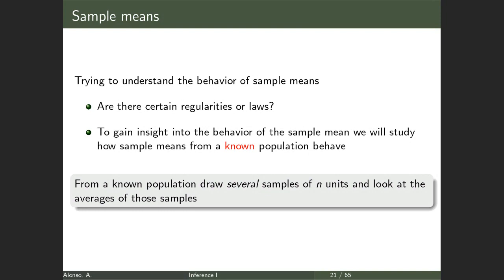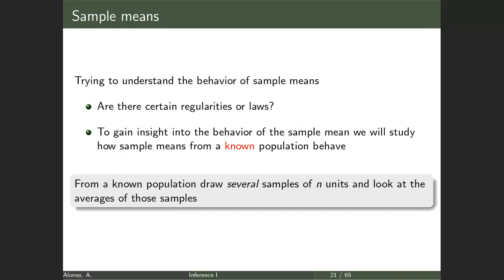And therefore, we know that the best guess we have for the population mean is the sample mean. We know it's consistent. We know it's unbiased. So the sample mean satisfies already the two properties we have defined until now. But is there something else special about the sample mean?